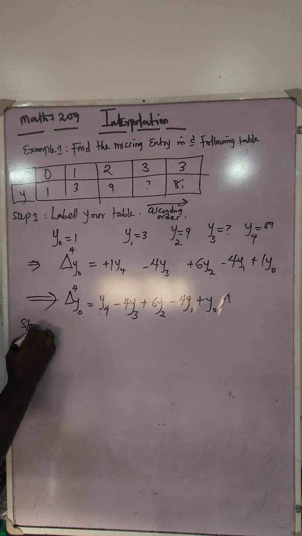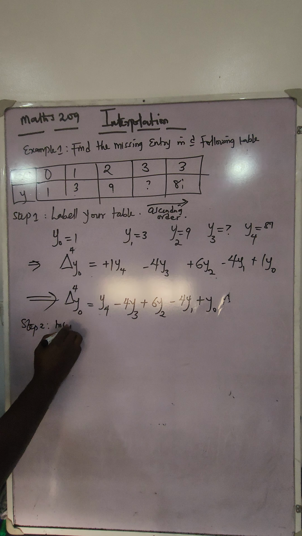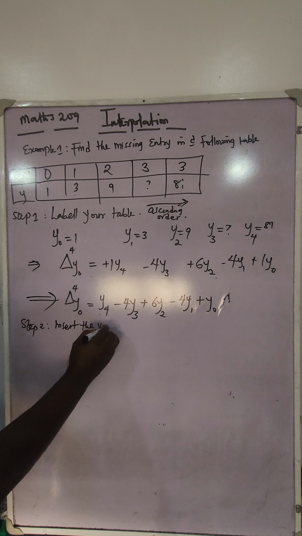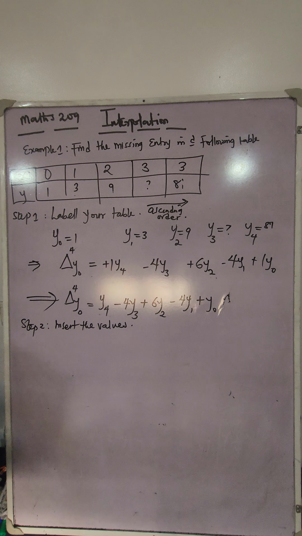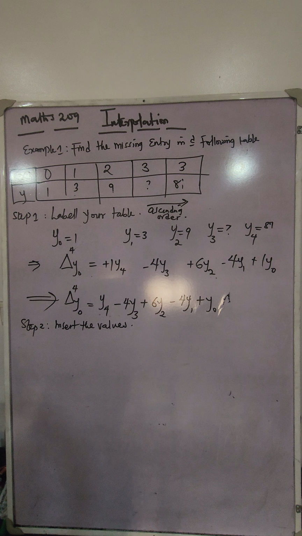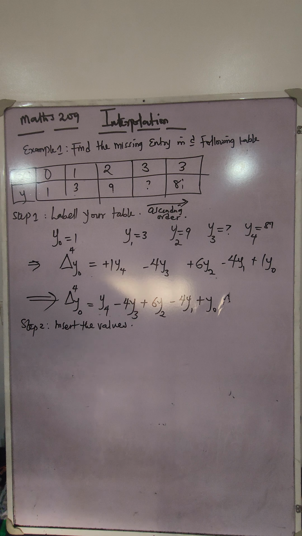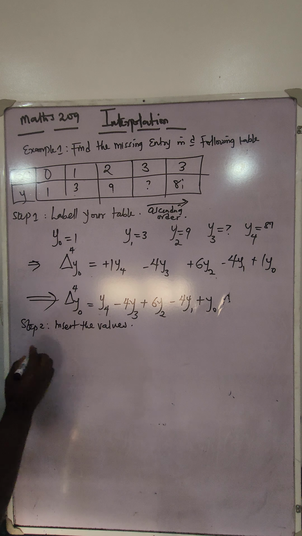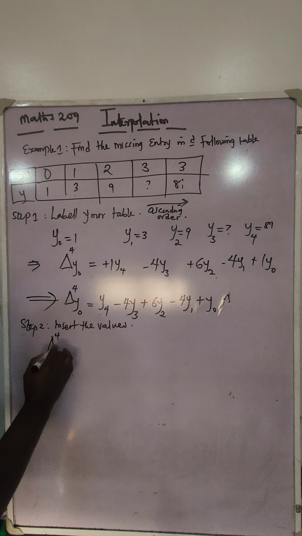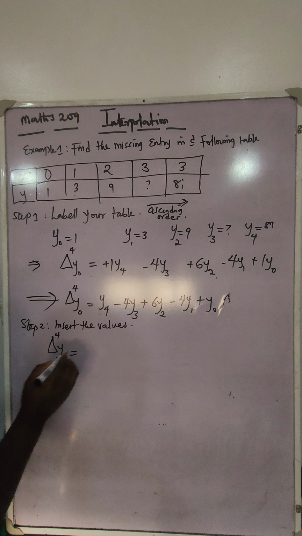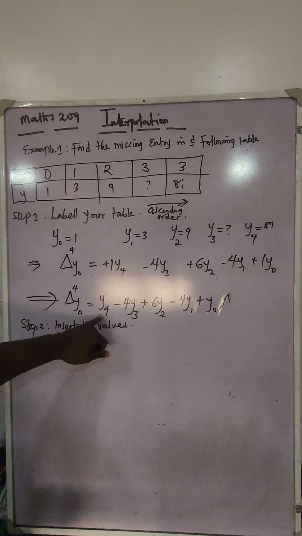So step 2 is to insert the values. And so when we insert the values, what do we have? We said forward difference to the power of 4 of y naught is equal to. So what is the value of y4?